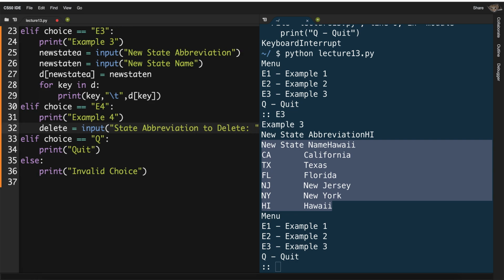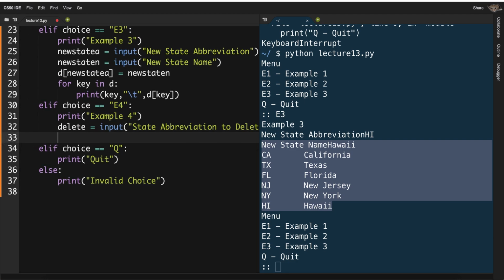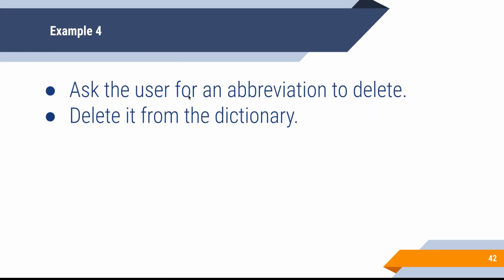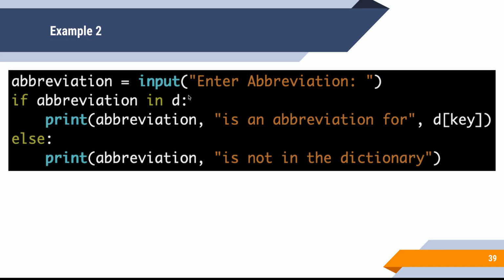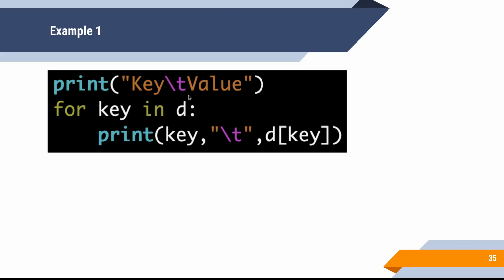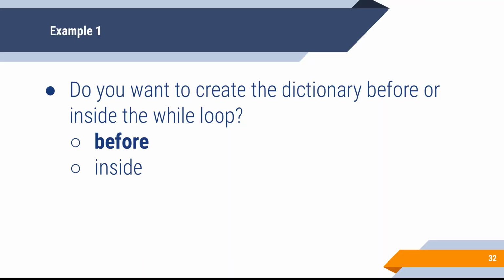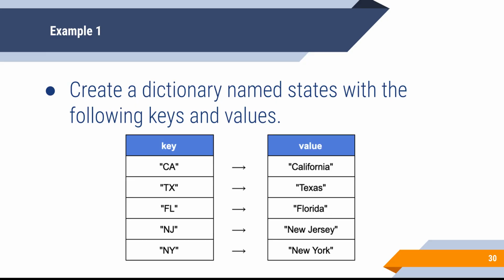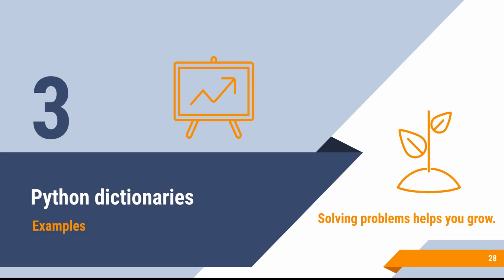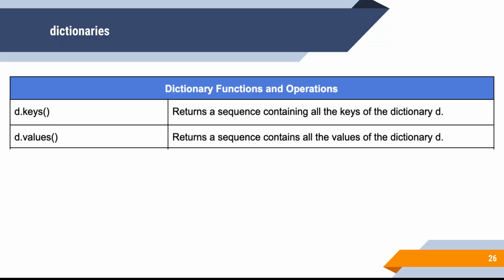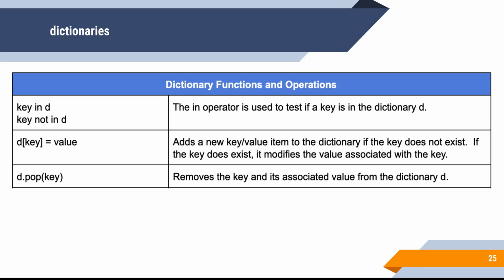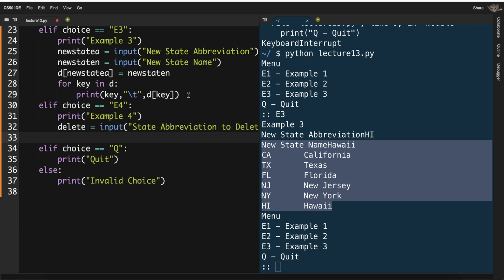If we look back at our syntax about how that works, it's d.pop and then key. So we'll say d.pop and the key here is delete.